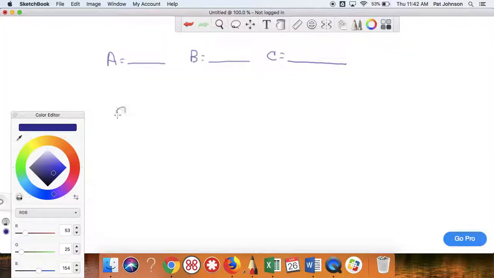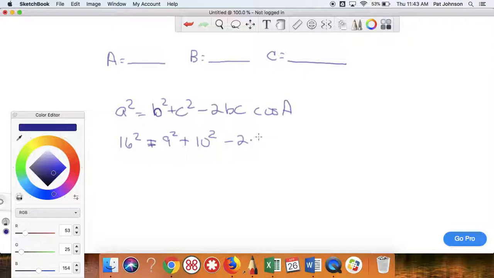So I'm going to use the formula a squared equals b squared plus c squared minus 2bc cosine of A. So I know a, so I have 16 squared equals 9 squared plus 10 squared minus 2 times 9 times 10 times cosine of A. I don't know this.